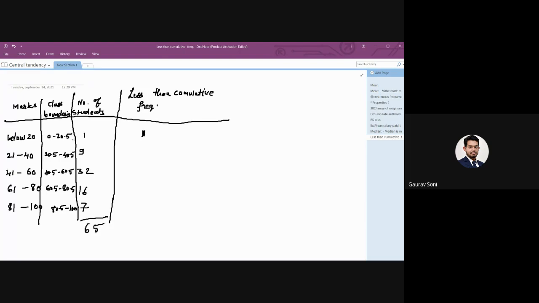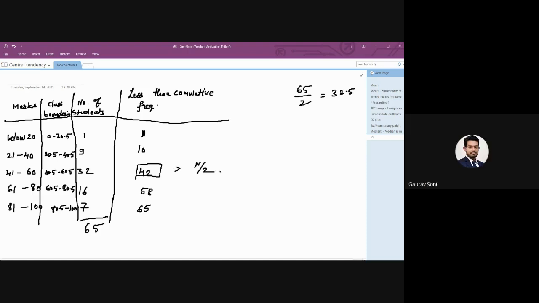All the values less than 20.5, then 40.5, that will become 10, then below 60.5, that will be 42, then this will be 58, and the last, of course, the summation of all of them, 65. What is n by 2? 65 divided by 2, that is going to be 32.5. Which is the entry just exceeding 32.5? 42. This is just exceeding n by 2.